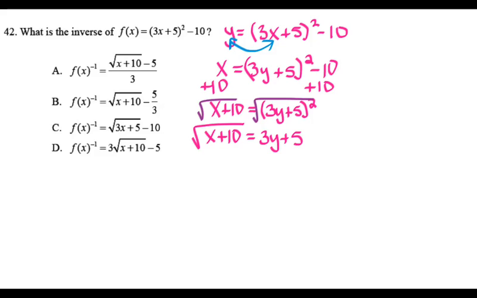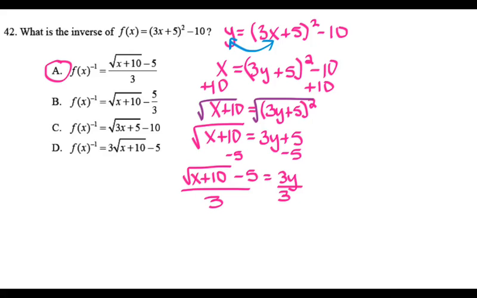Still need to get y by itself, so I'm going to subtract 5 from both sides. So I have the square root of x plus 10, minus 5 on the outside, equals 3y, and then finally I can divide both sides by 3. So correct answer for this is A.